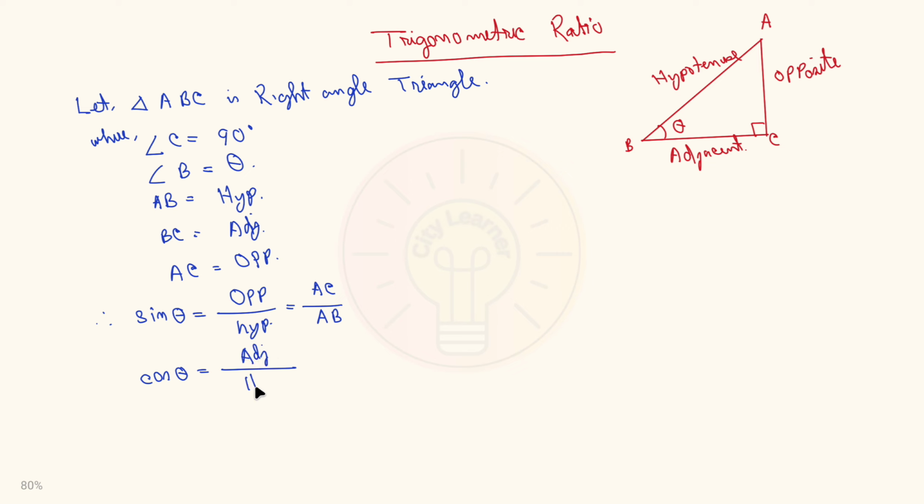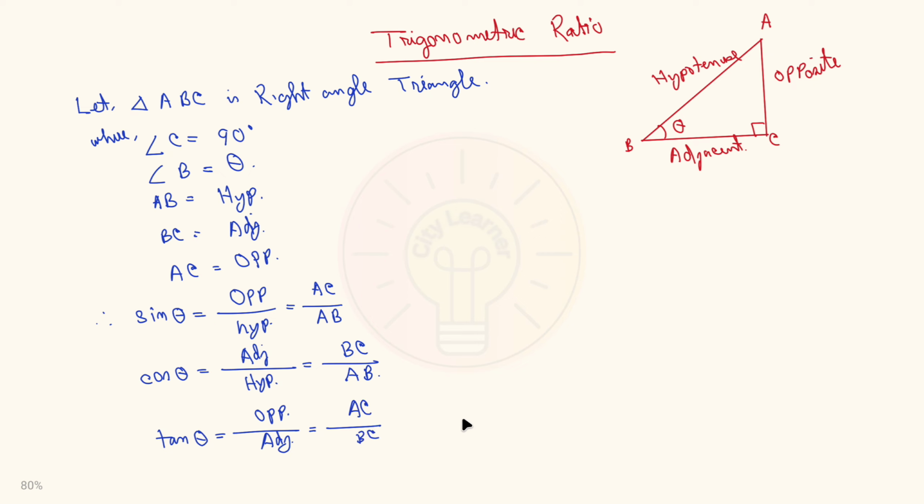The adjacent side is BC and the hypotenuse is AB, so BC by AB. Tan theta is equal to opposite side by adjacent side. The opposite side is AC, the adjacent side is BC.